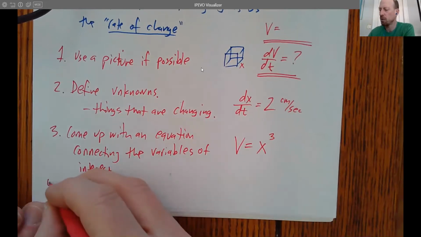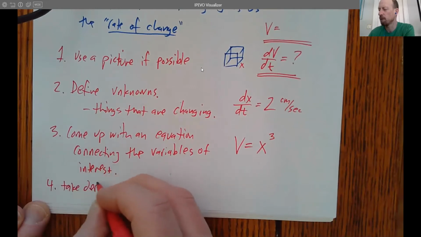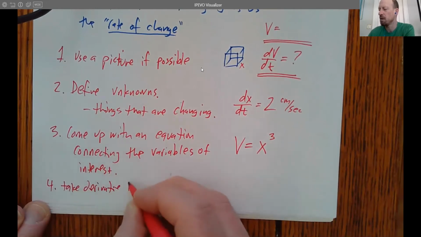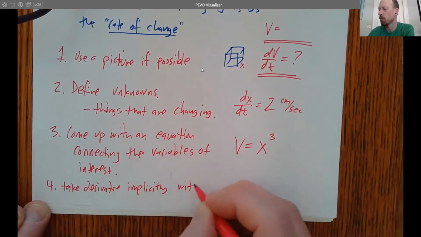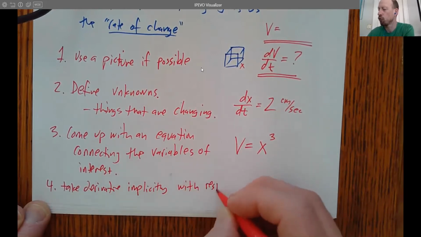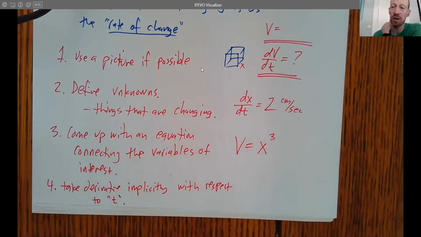And so we can take their derivative implicitly with respect to t. So it's not x. We're not taking the derivative with respect to x here.